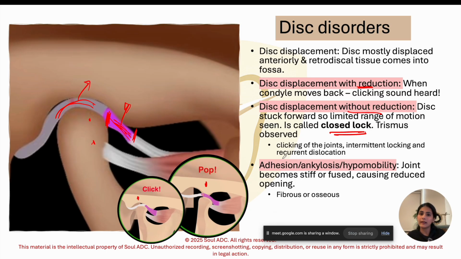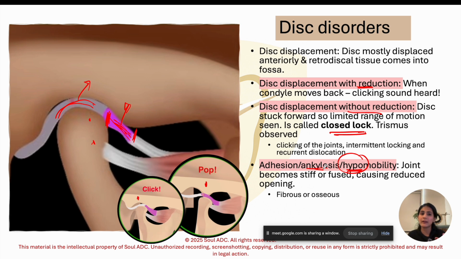Now the third thing that we see here is adhesion, ankylosis or hypomobility. When the word hypo comes, it means reduced mobility, and ankylosis, as we use it in teeth as well, means it has blocked, stopped somewhere, and fused with each other.